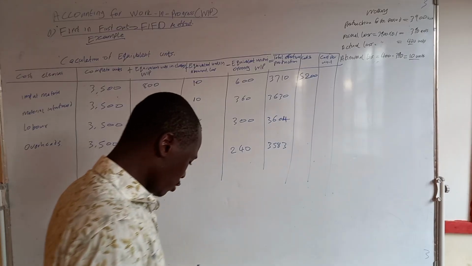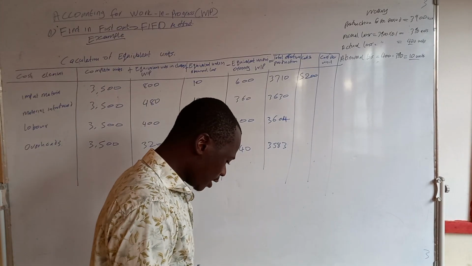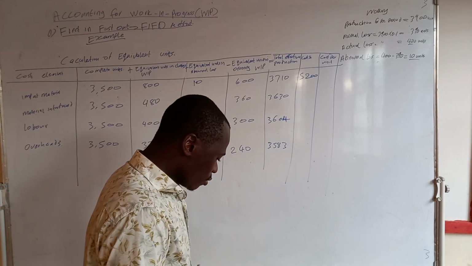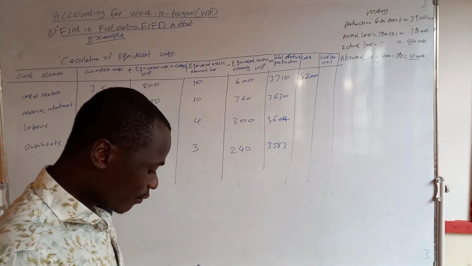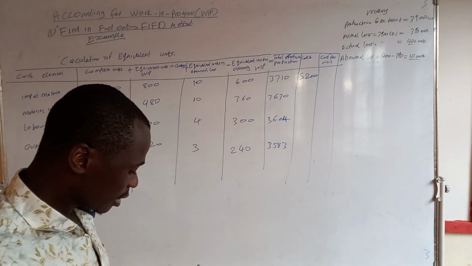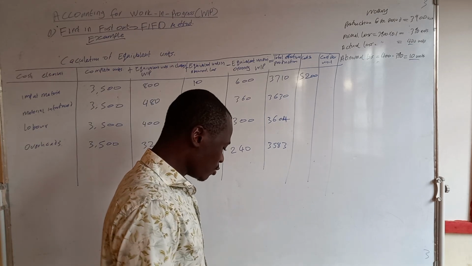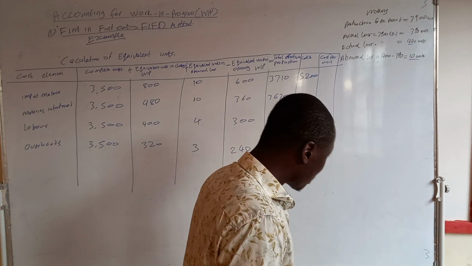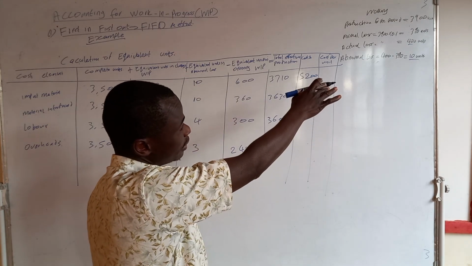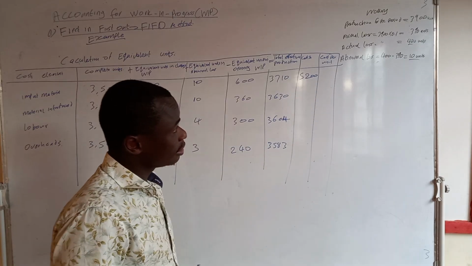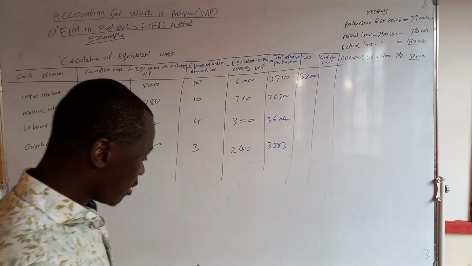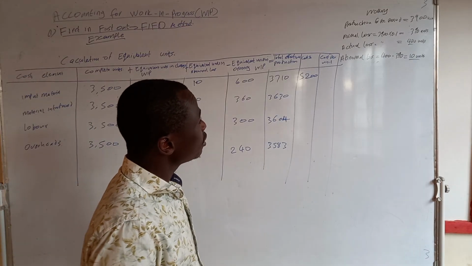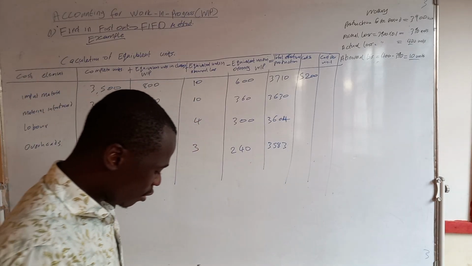This is the question. Transfer from process 1 was 4,100, valued at 5,200. It is not 4,100 as such because of the losses you have encountered. That is what makes it less than what we are talking about.